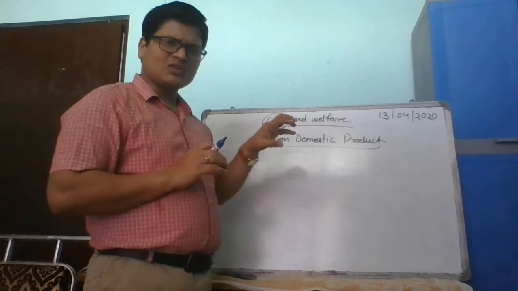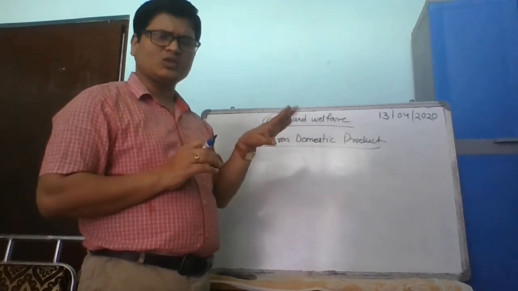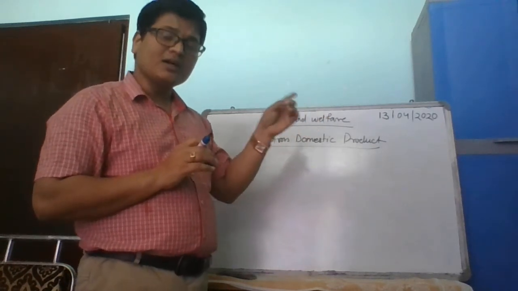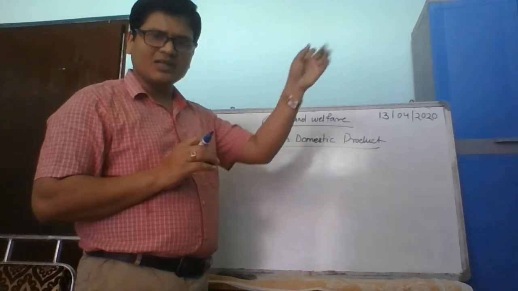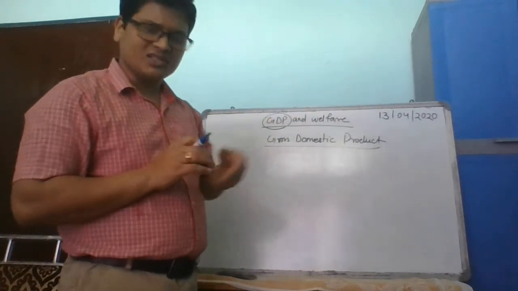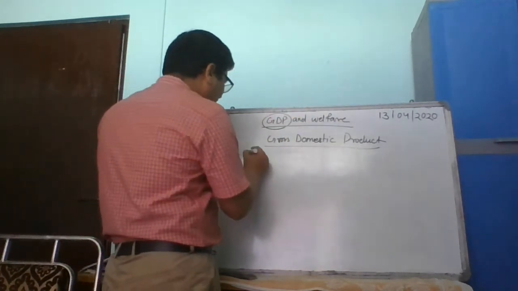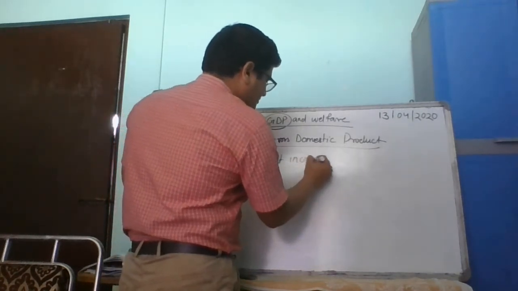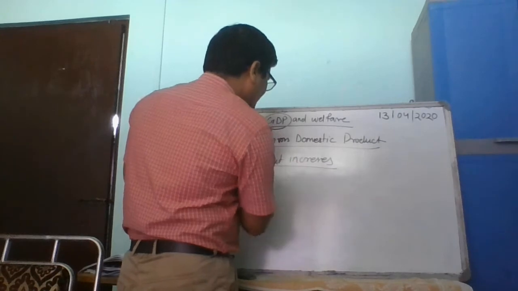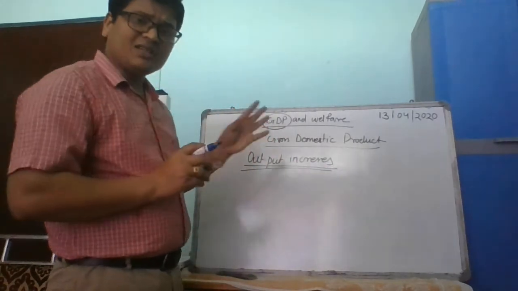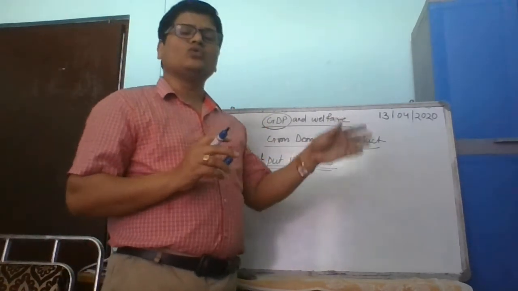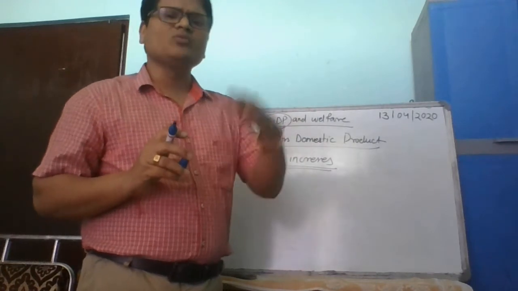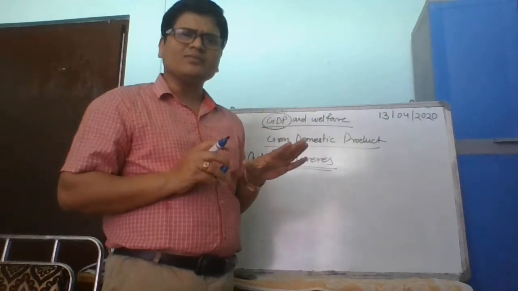Real GDP increases means output increases. If output increases, that means availability of goods and services is more in the economy.